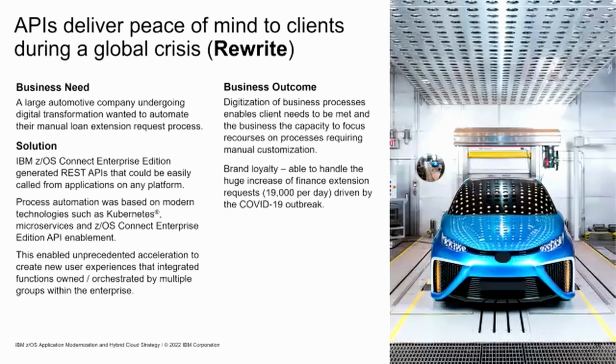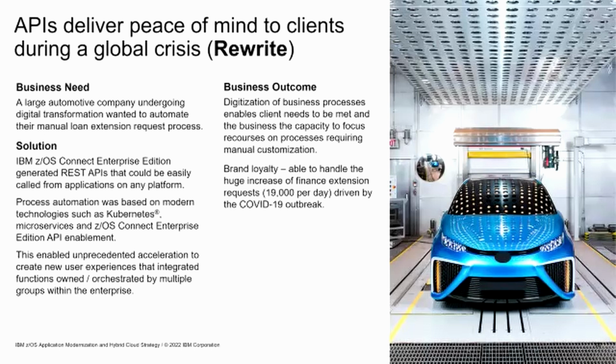And it looks at the need for accelerated innovation responding to changing markets. So this was during the pandemic, enabling digitization of business processes, enabling client needs to be met, and business capacity focusing resource on processes requiring manual customization.